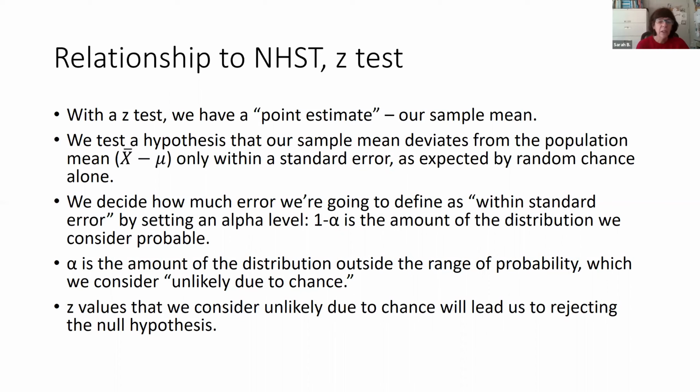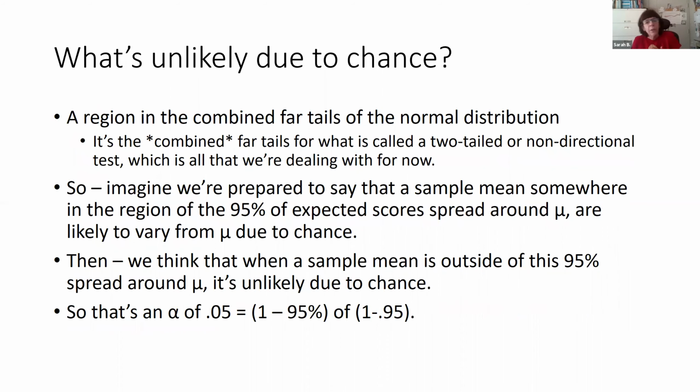And we do that by calculating the z value because that's what we can relate to the probabilities under the normal distribution so that we have a probability value. So what's under chance? It's going to be our alpha. It's the region in the far tails of the normal distribution.